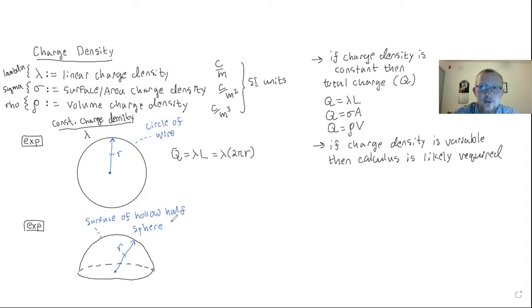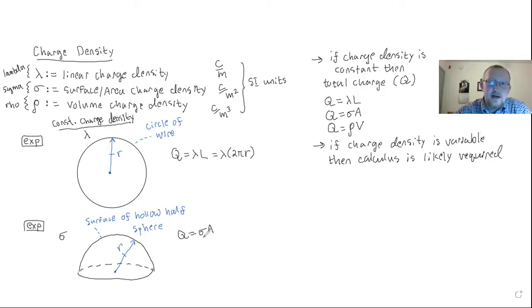Another example, for surface or area charge density: what I have here is the surface of a hollow half sphere with radius r. If I have a constant surface charge density, then what's my total charge for the entire object? We go up to the second equation right here. Q equals sigma times the total surface area.